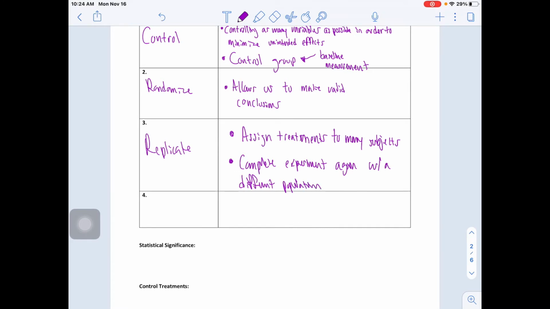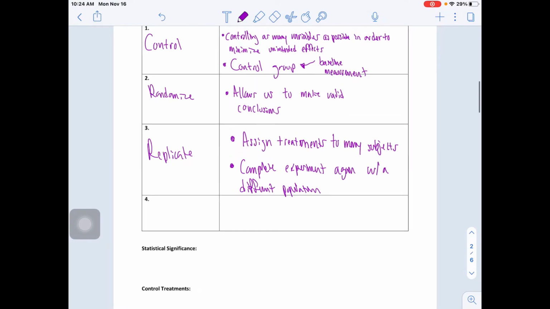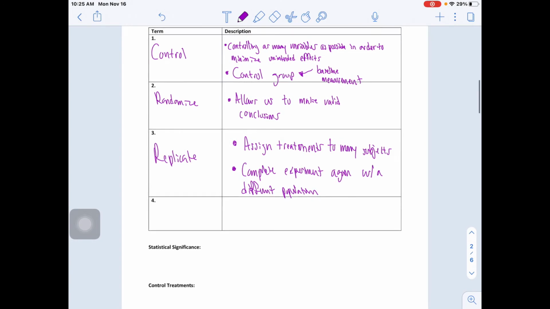Going back to the example where I said 25 people in each group, 50 people total, and I'm looking to see whether it's better to sleep at 8 p.m. or 10 p.m., we have a lot of replication, right? We have 50 people. That's a lot of subjects. If I want to make the experiment better, I could extend that number.